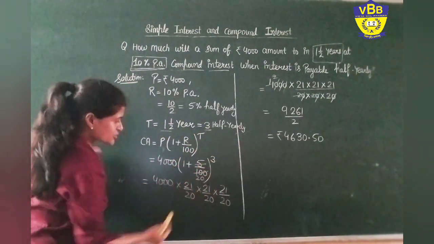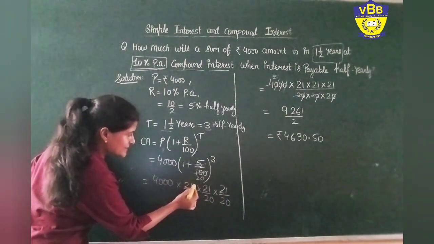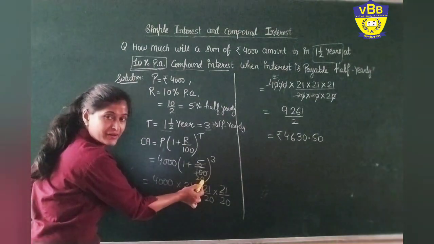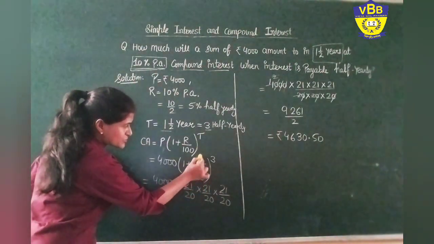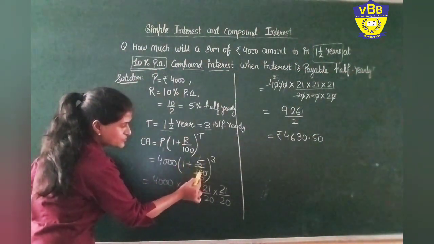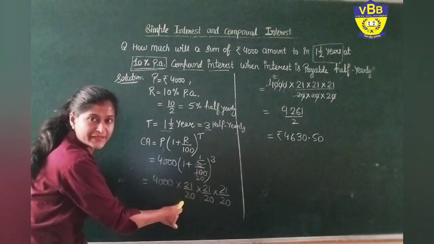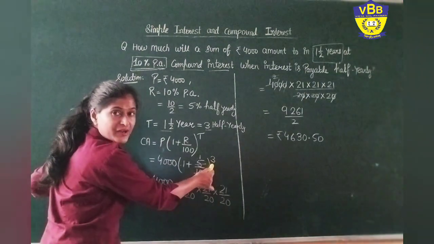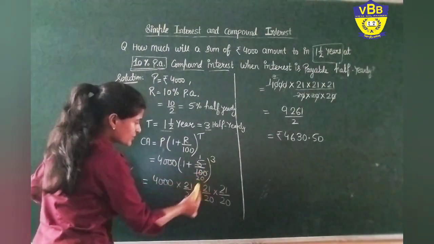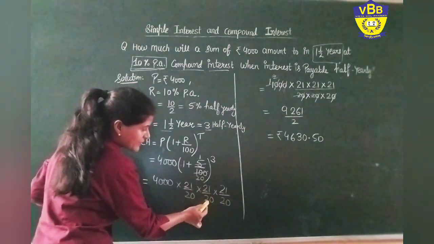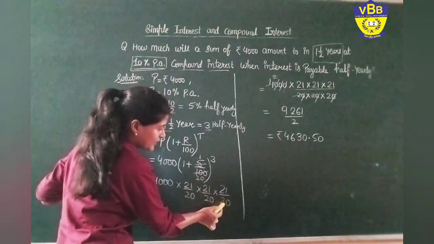Now solve the question. The zeros cancel out. 5 ones are 5, 5 twos are 10. Here 1 plus 1/20. When you solve this you will get 21/20. How much power? It is 3, the cubic power, so it will be 21/20, 21/20, 21/20.